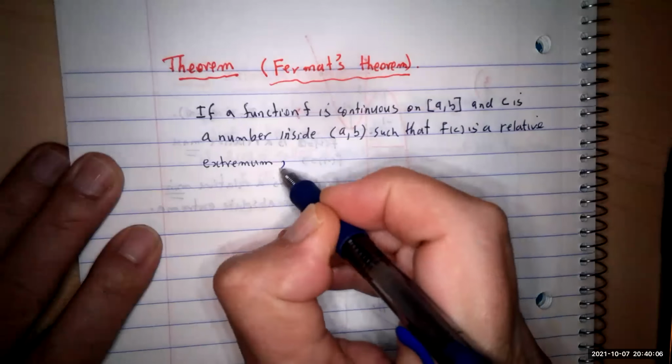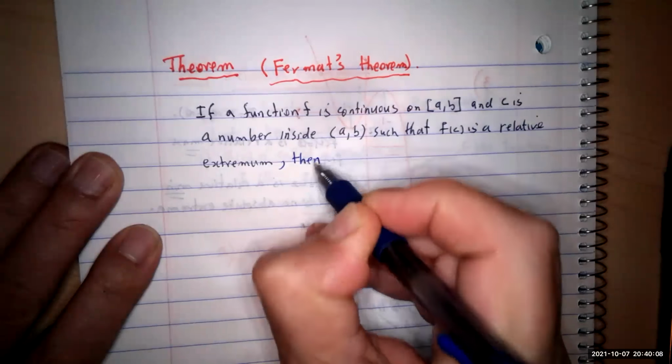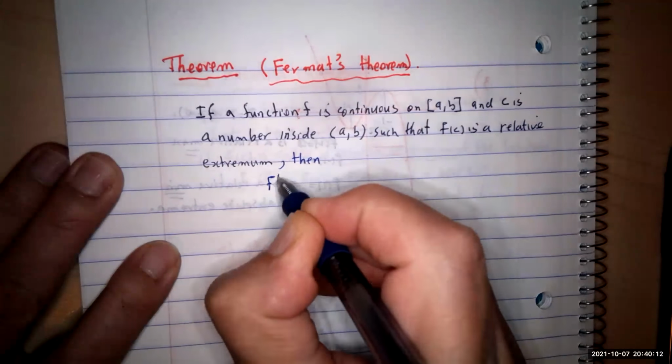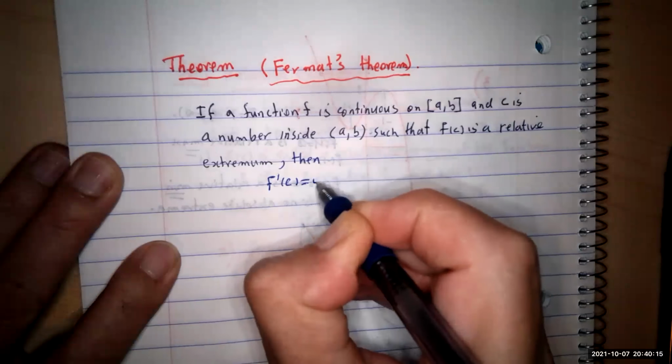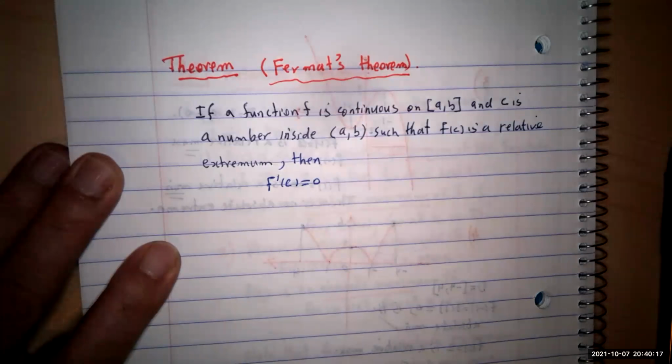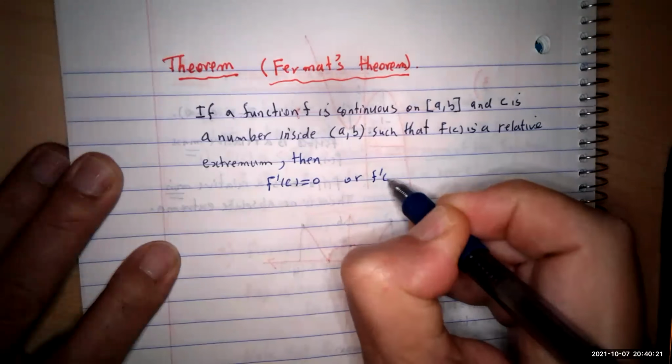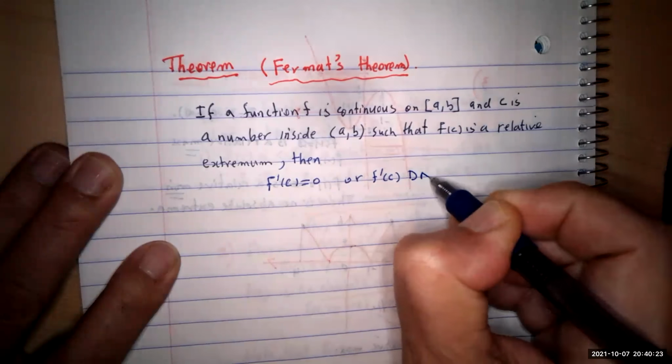Then there are two possibilities only. The first possibility is f prime of c equal to 0. This means you get a horizontal tangent line, or you get a vertical tangent line. The other is f prime of c does not exist.